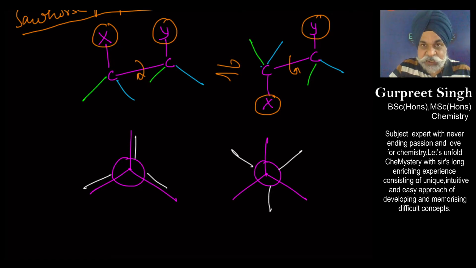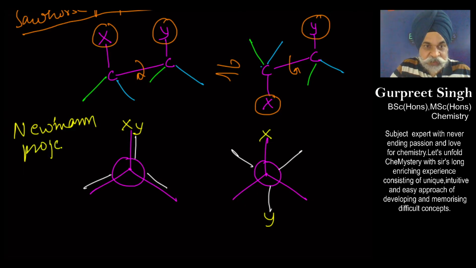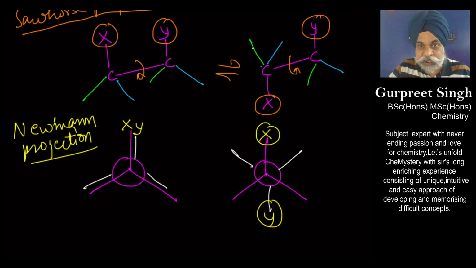So what we are suggesting here is this is X and this is Y, and on this side this is X, this is Y. So this is Newman's projection of the same thing. This is what you call Newman's projection. It would have been good if I had used the same colors, but it makes sense that X and Y here also you could see are in the same plane. If in the vertical plane, I show it to you in the dotted line, these are in one plane, these are in one plane.